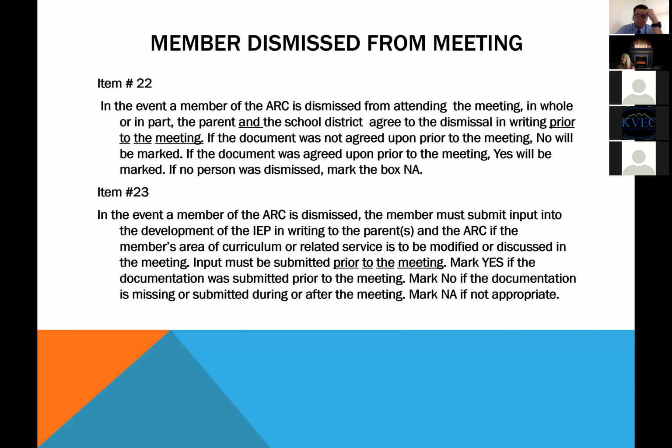It has to happen prior to the meeting, and there's a reason for that. If the document was not agreed upon prior to the meeting, no will be marked. If the document was agreed upon prior to the meeting, yes will be marked. If no person was dismissed, you're going to mark the box in A.